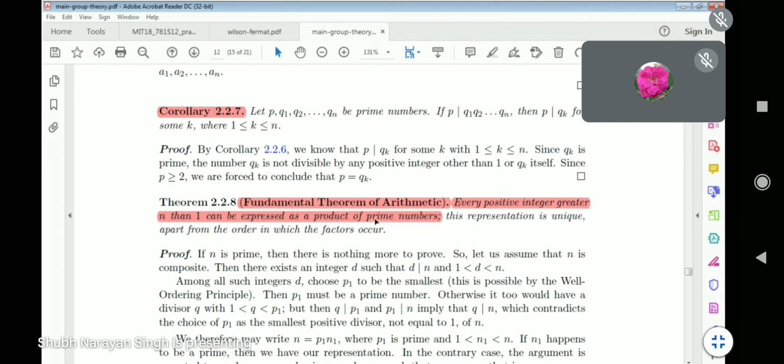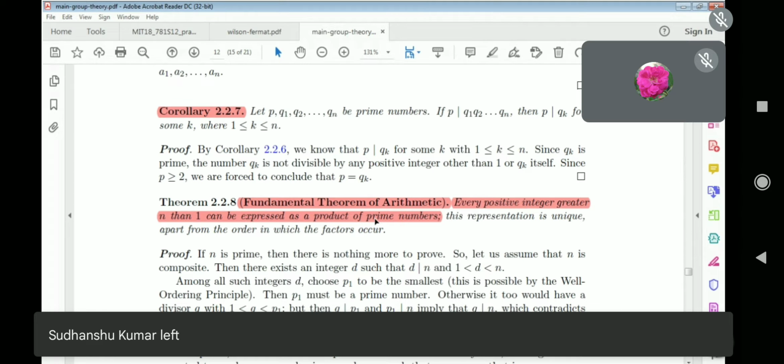Suppose we have the number 15. It can be written as 3 into 5, where 3 is a prime number and 5 is a prime number. So any integer, like 100, can be thought of as a product of primes.